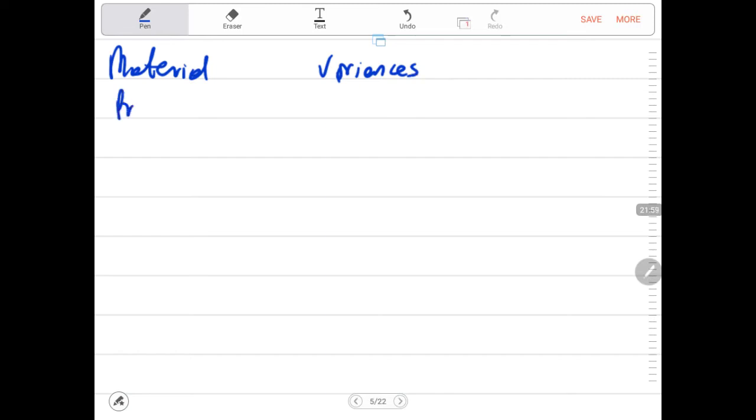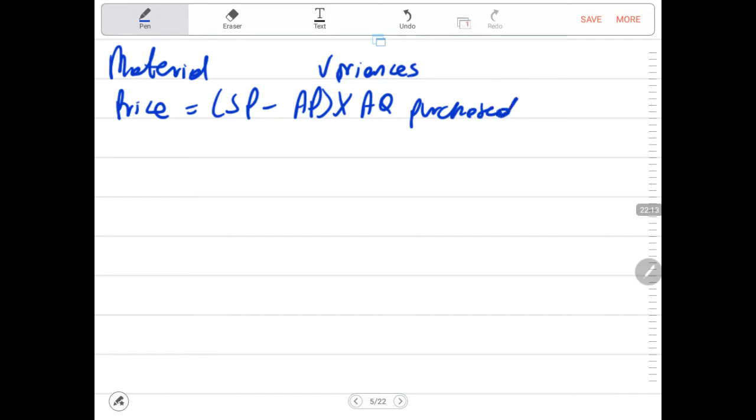We have price. Our price says standard price minus actual price times by actual quantity purchased. Our standard price of material is 1 rand 20 cents. Our actual price is 1 rand 25 cents.